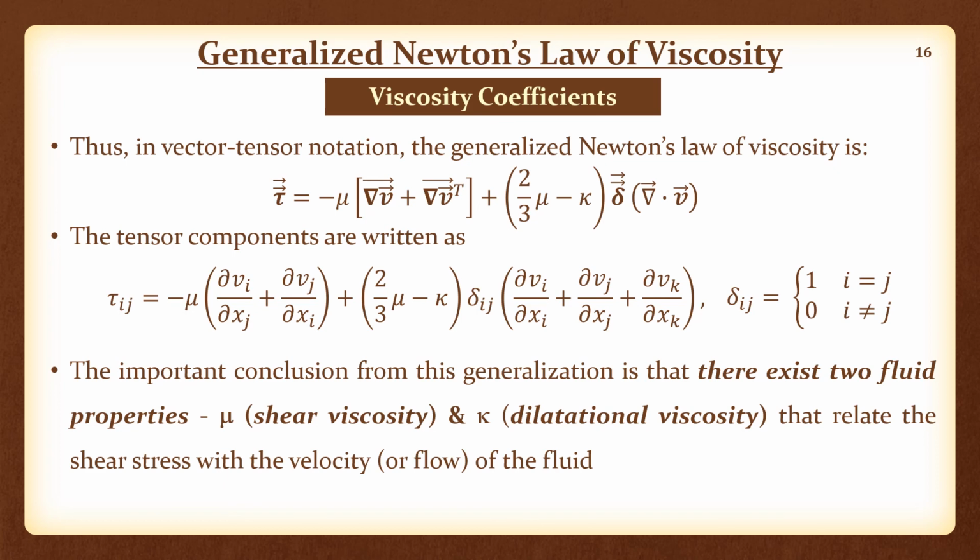One is mu, the shear viscosity, and the second is kappa, the dilatational viscosity, that relate the shear stress with the flow of the fluid. The nature of the fluid flow dictates how the molecular momentum flux is going to be, right? That is captured by two fluid properties.